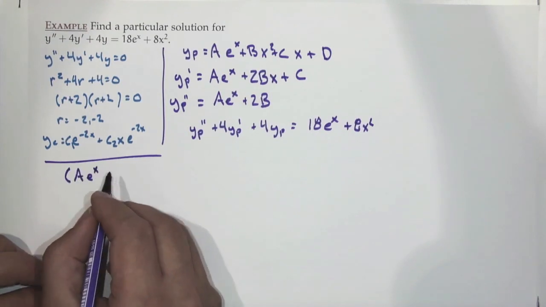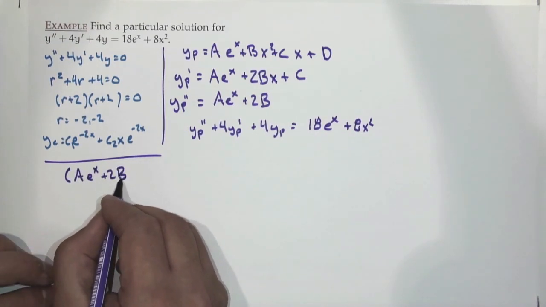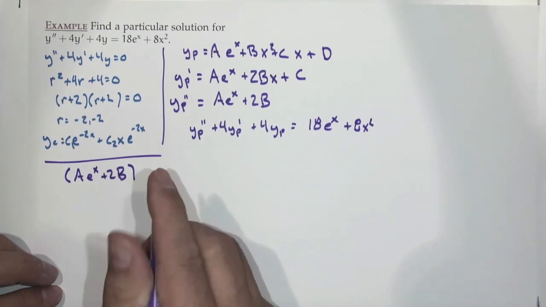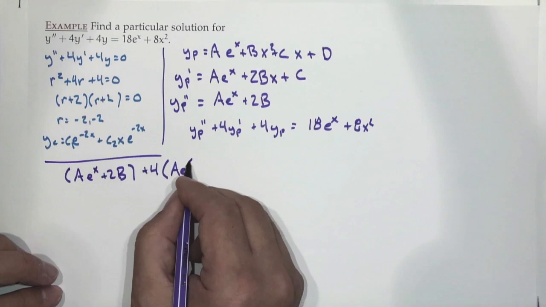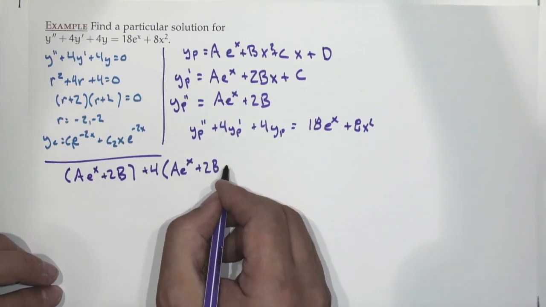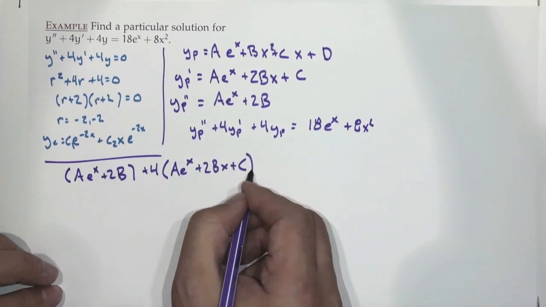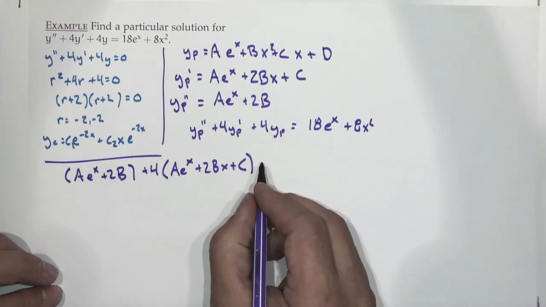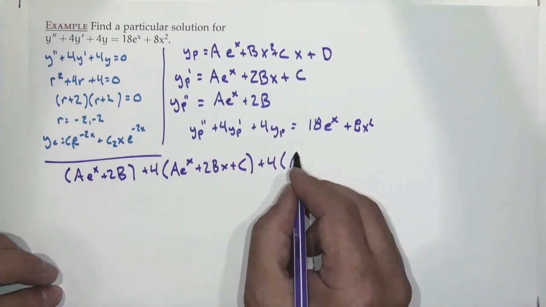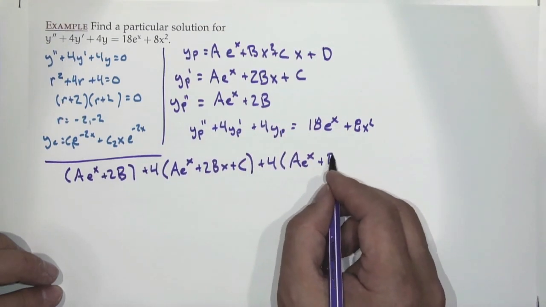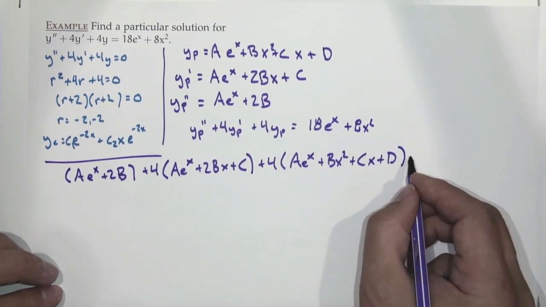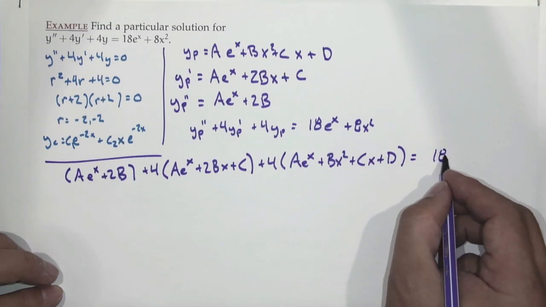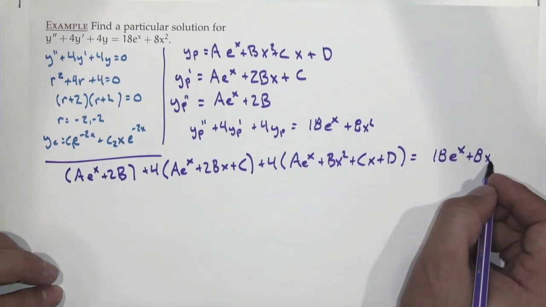A e to the x plus 2b, that's our double prime, plus 4 times A e to the x plus 2b times x plus c, plus 4 times A e to the x plus bx squared plus cx plus d has to equal 18e to the x plus 8x squared.